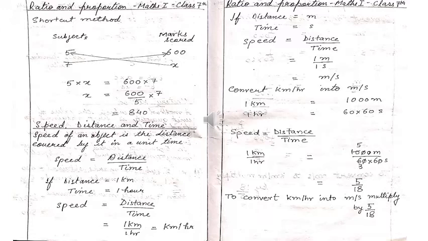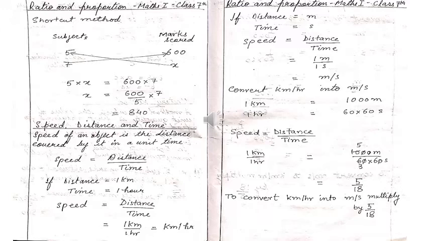Now converting kilometer per hour into meter per second. Here, 1 kilometer is equal to 1000 meters and 1 hour is equal to 60 into 60 seconds. The speed is equal to distance upon time, so 1 kilometer upon 1 hour, which we convert as 1000 meters upon 60 into 60.